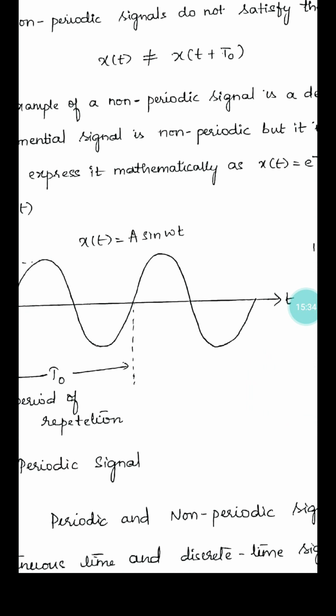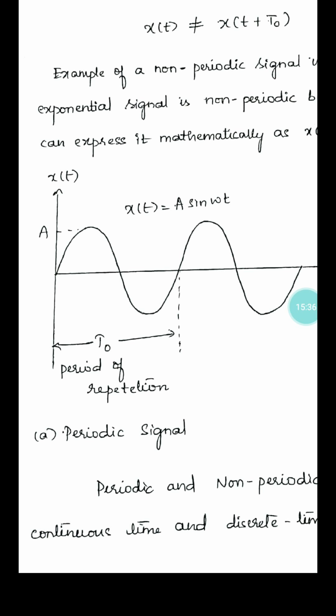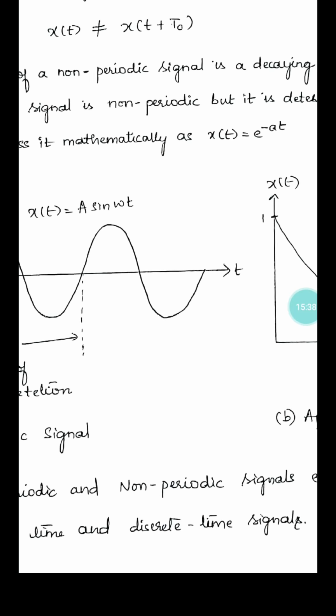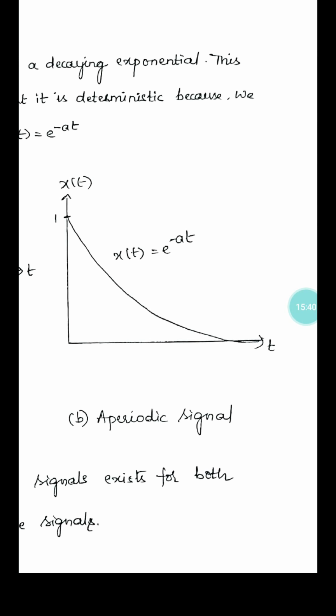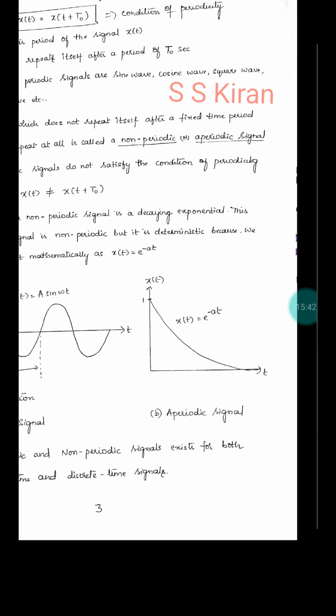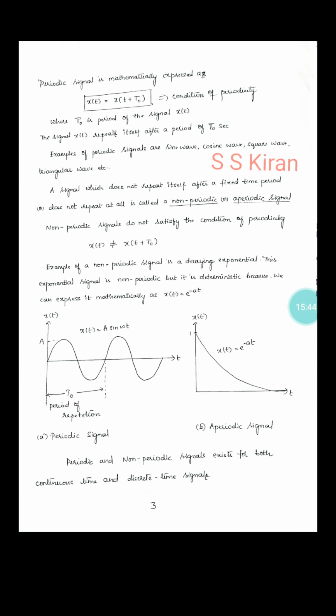This is a periodic signal, and a deterministic signal also. Coming to this one, this is an aperiodic signal. We can see examples in the following figures. One more important point: periodic and non-periodic signals exist for both continuous time and discrete time signals.